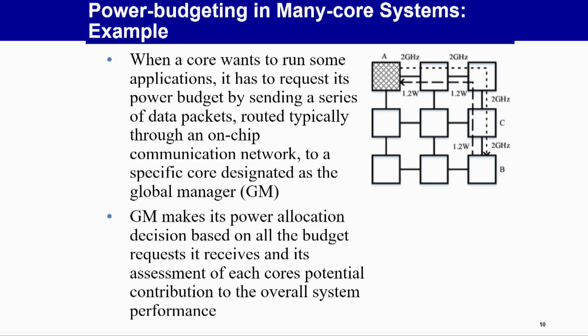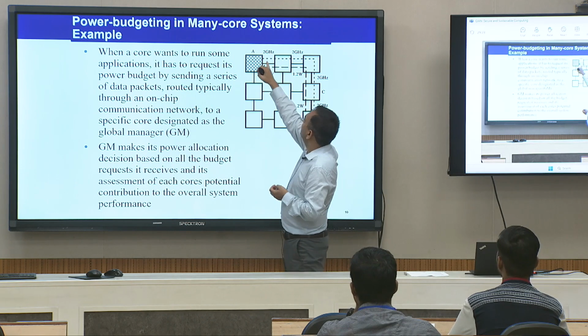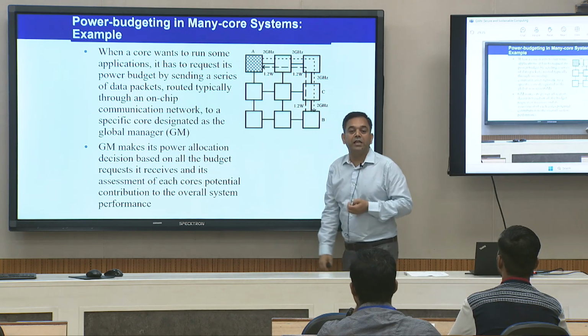Let's say core A is the manager core, and the request goes to it. The manager core then returns the power budget that it can use. Power is directly related to frequency, so if it says 1.2 watt, that is equivalent to 2 gigahertz.